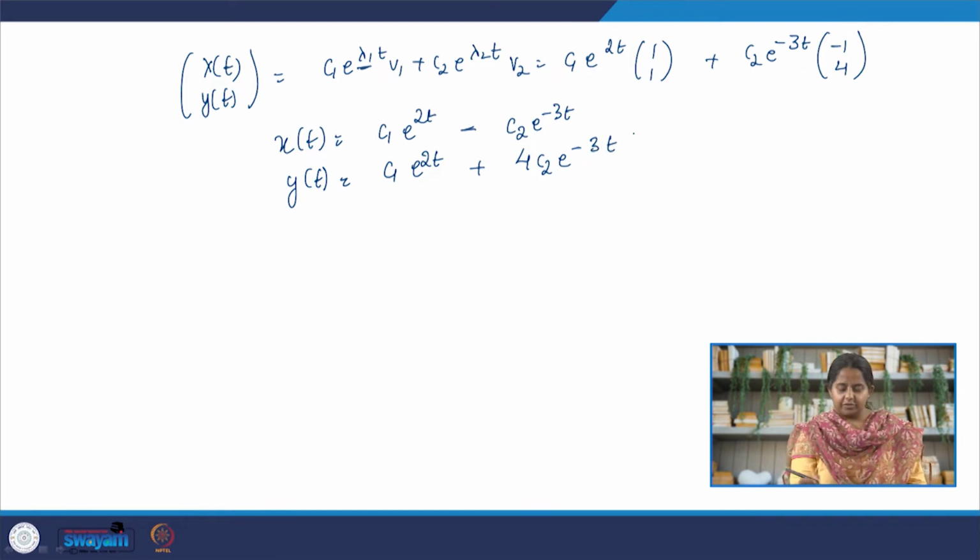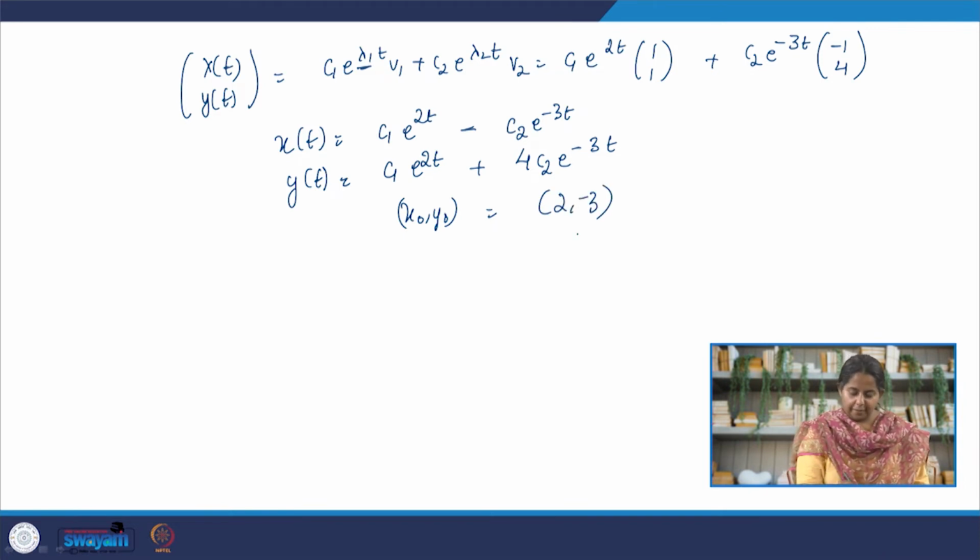Now let's substitute the initial value, which is 2, minus 3. So at time t equal to 0, x is 2 and y is minus 3.